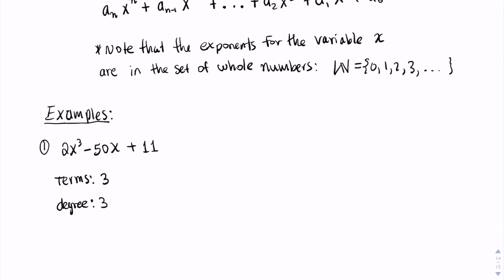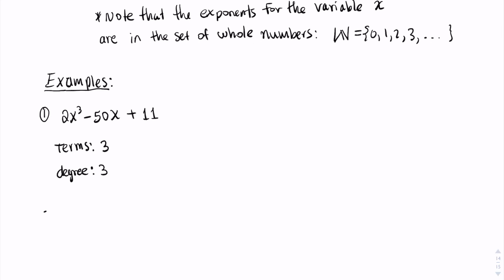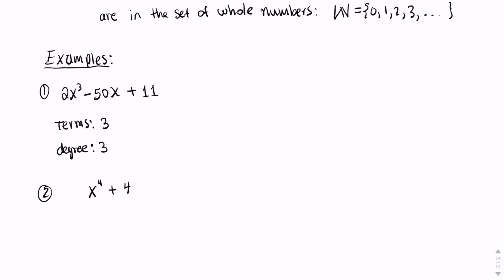That's that. Here's another example. Number 2. What if I give you, say, 5 x to the 4? Let me put x to the 4 plus 4. Like this. What about this one? Is this a polynomial?